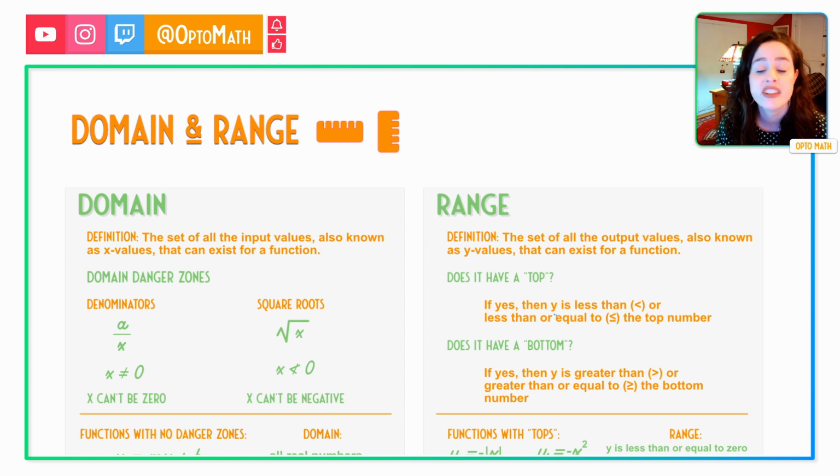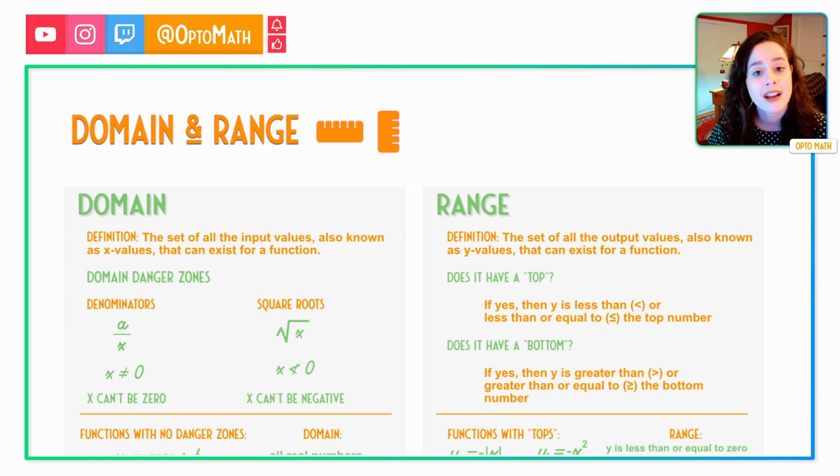So if yes, then y is less than or equal to the top number. This is always true if you have a top and it's going off of that top number, because that's as high as you get for your y values. That's why it's going to be less than or equal to that.